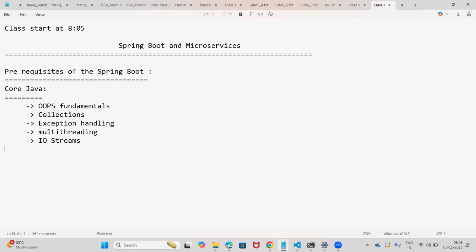Right, guys, now you tell me what will come under advanced Java? What are the different technologies introduced by Sun Microsystems under advanced Java? Please, guys, speak up. Servlet, very good.